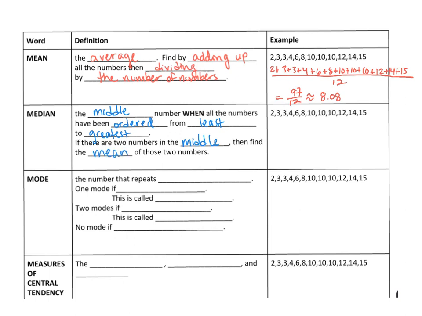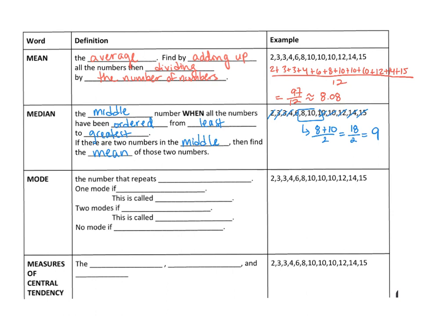Looking at our set of numbers right here, I've got 2 and 15, so I'm just going to count my way down to the middle. 3 and 14, 3 and 12, 4 and 10, 6 and 10. Ooh, these numbers are in the middle. There are two of them, so I'm going to add 8 plus 10 together and divide by 2 to find the mean. That's 18 divided by 2, which is 9. So our median is 9.